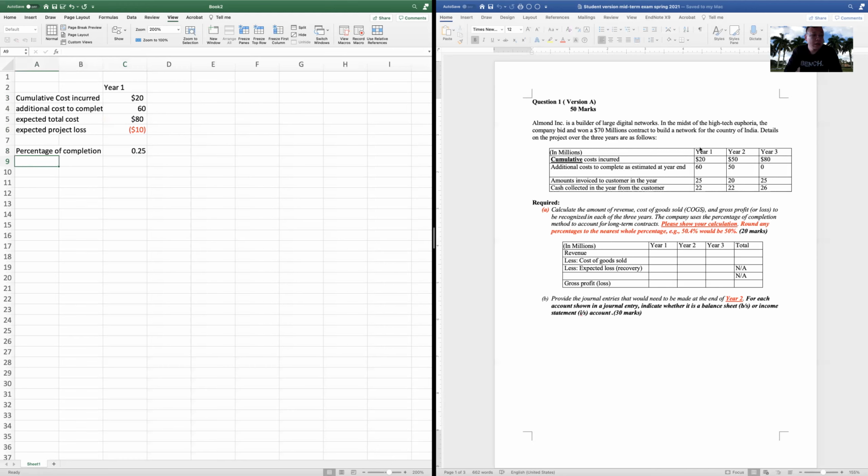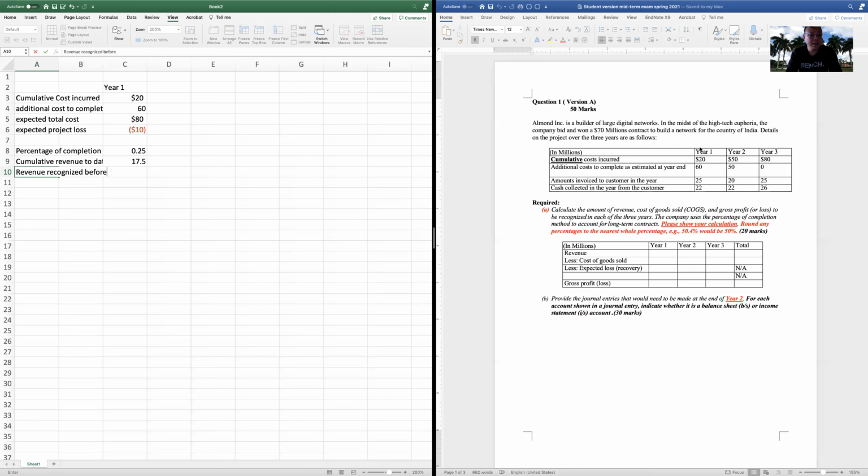Then the cumulative revenue to date, we are using the 25%, C8, times 70, the contract price. So that's 17.5.